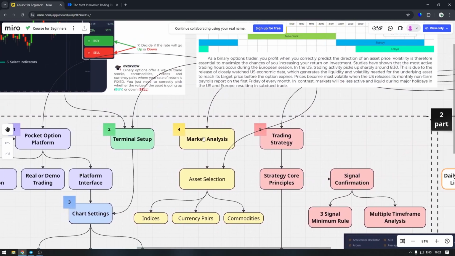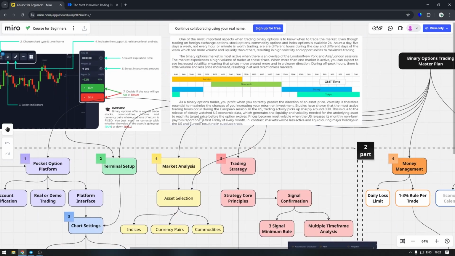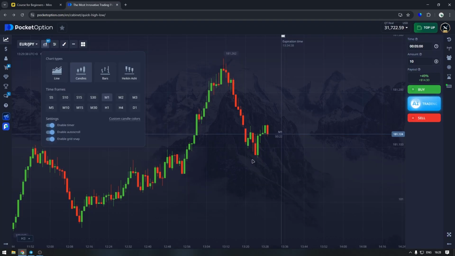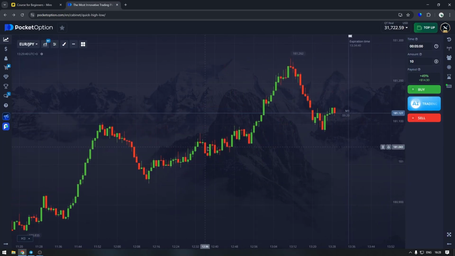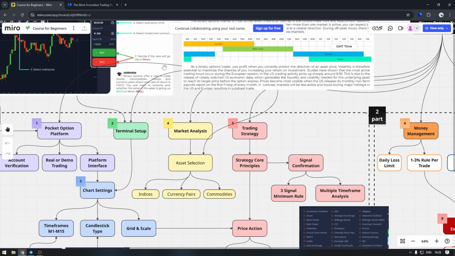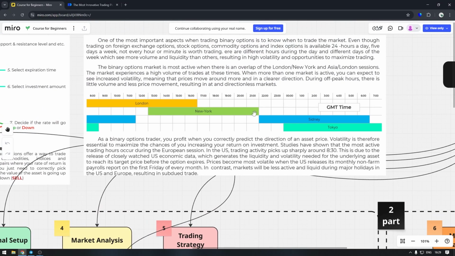So, what's next? Here is market analysis. Market analysis isn't just looking at the chart, but understanding the context of a price movement. Trading sessions, the foundation of temporal analysis. What about sessions? Asian session, 0100 to 0800 GMT.